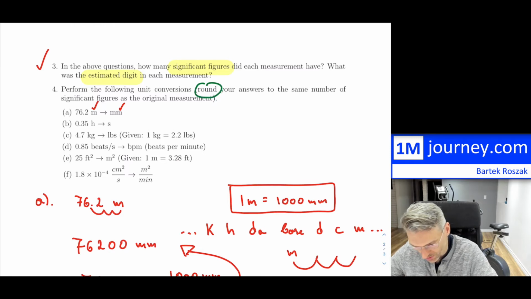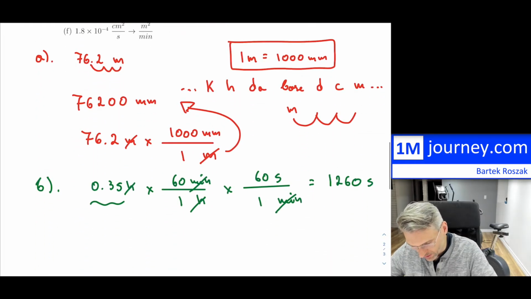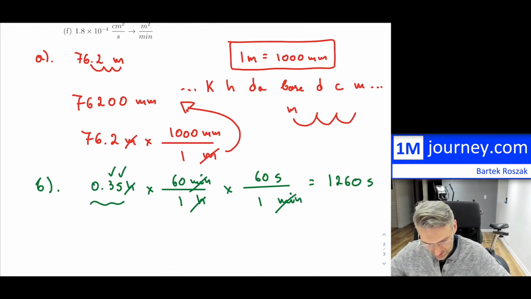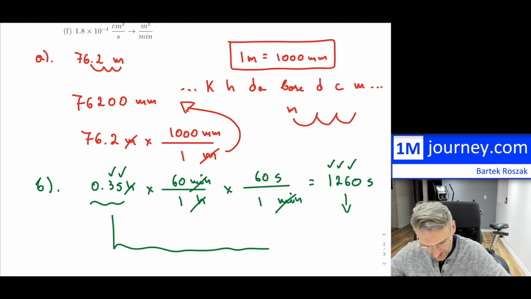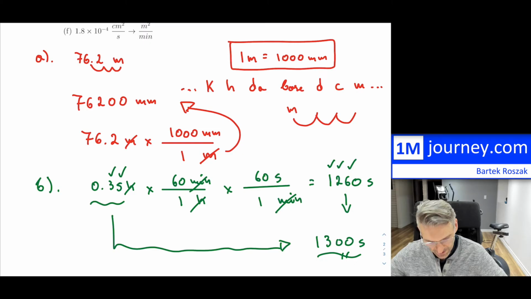It does tell us to round to the same number of significant figures as you have. Well, this has only 2 significant figures. This would have 3 significant figures. So if we want to have only 2, like we have over here, then this would have been rounded to this many seconds, okay? So if they do ask you that.